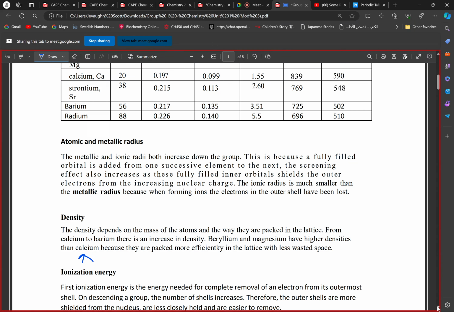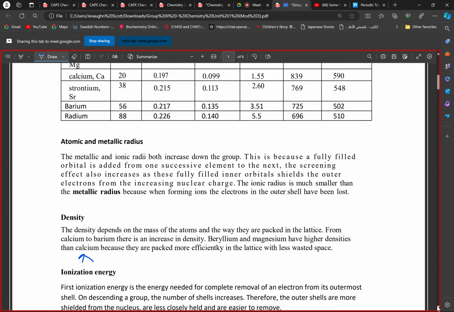So although we know that magnesium has a stronger metallic bond than calcium, well, let's look at this now. The magnesium atoms are actually loosely packed compared to calcium, right? So what does that mean?